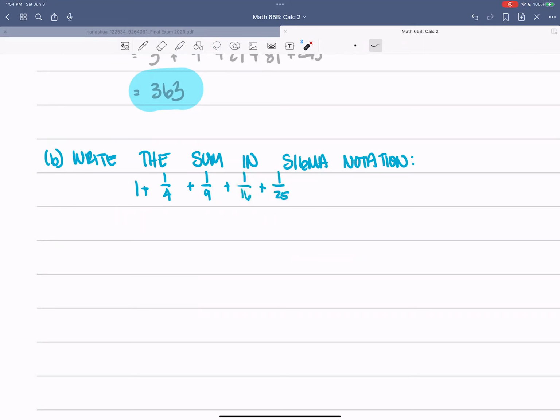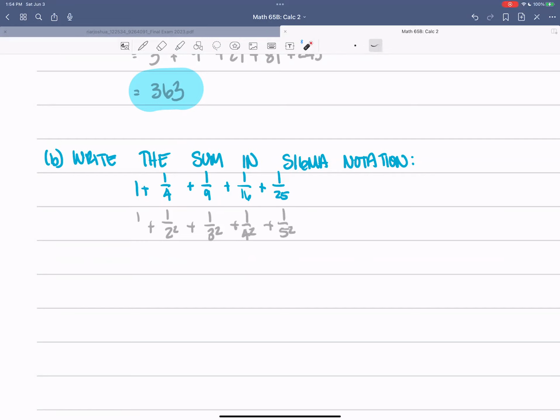So with the exception of this one, all of these have a numerator of 1 up top. And what I notice about the denominators is they're all perfect squares. So let's try to write that as a perfect square. So 1 plus, we'll leave that one alone for right now. This looks like 1 over 2 squared, 1 over 3 squared, 1 over 4 squared, 1 over 5 squared.